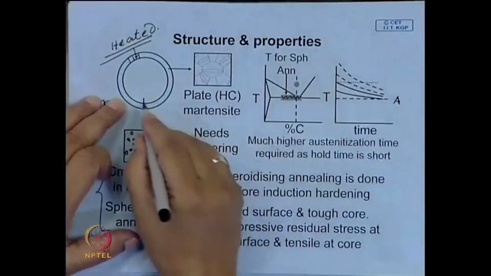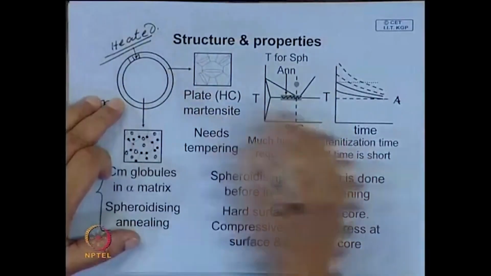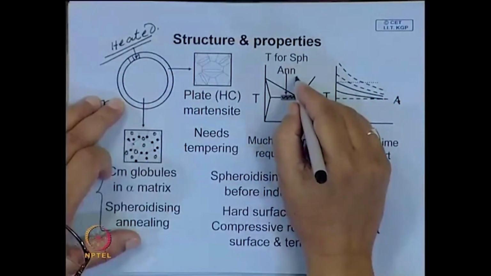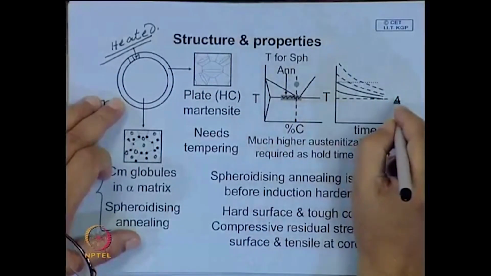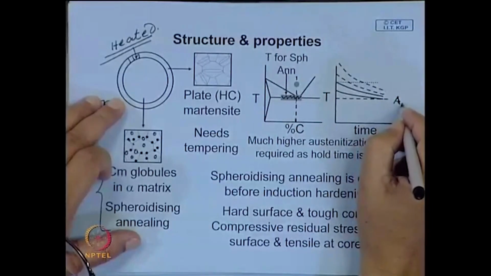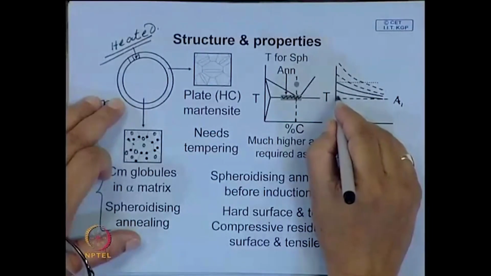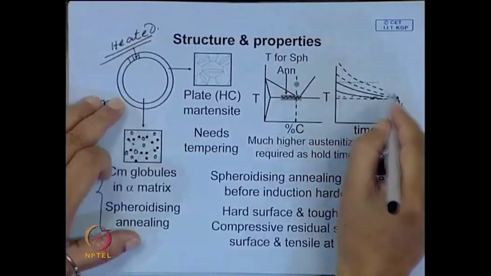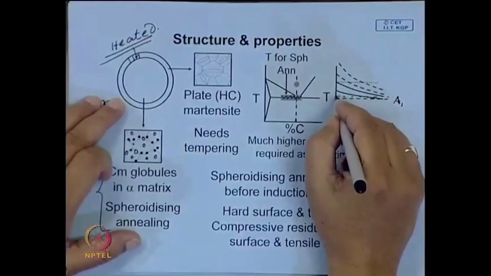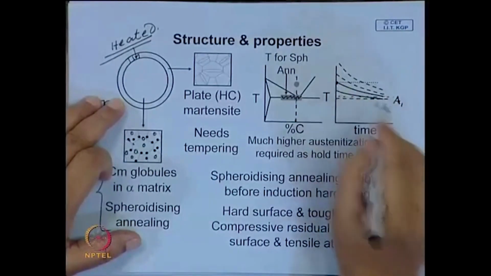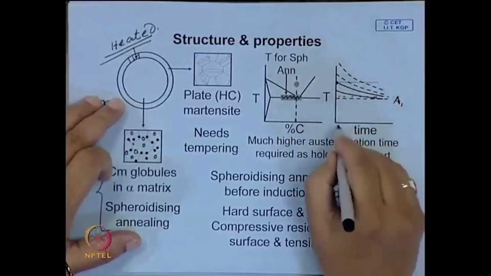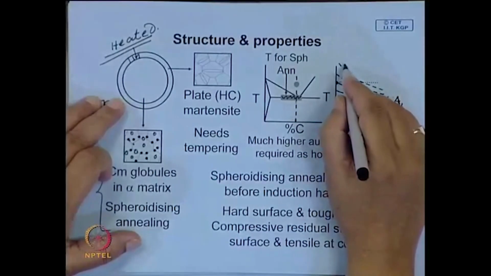Let us say in the surface the carbon content is around this. So, this is the critical temperature, this is A1, and A3 will be a little over this, but you will try to heat it to a sufficiently high temperature, because your hold time will be very short.